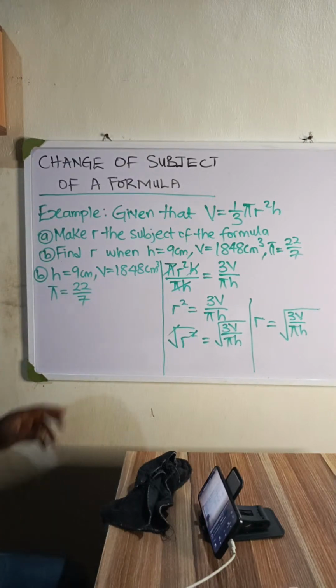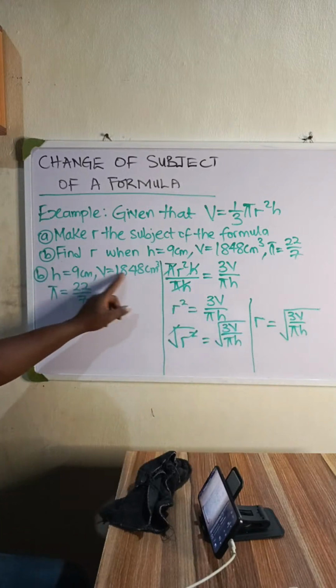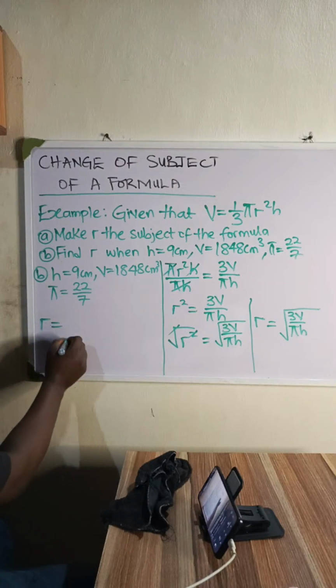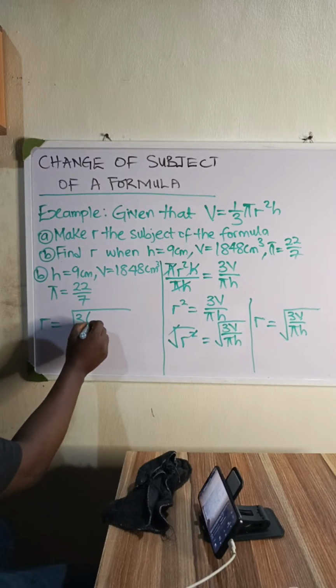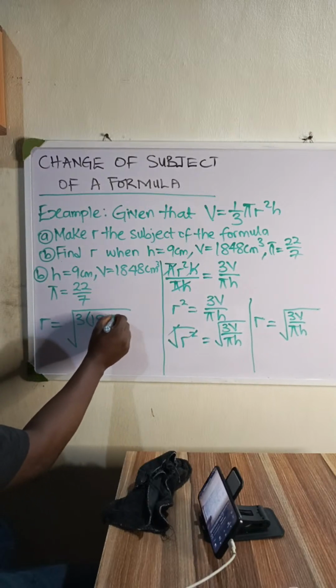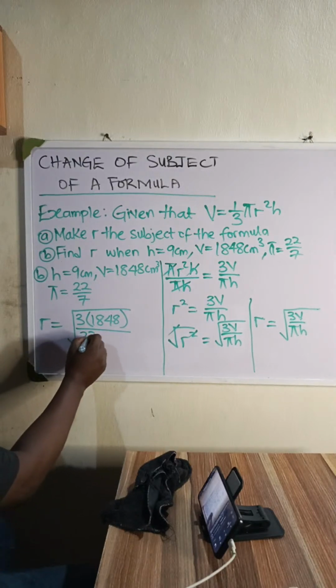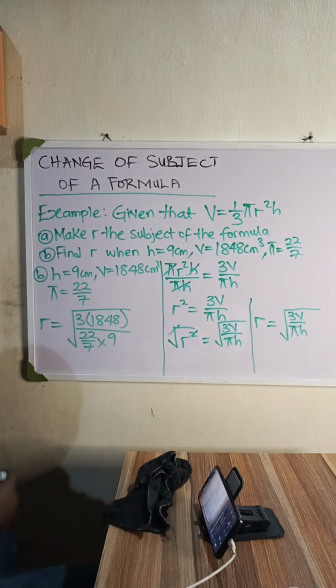This means I'm going to replace all these values with their equivalent. So we're going to have R is equal to square root of 3 multiplied by 1,848 divided by 22 over 7 times 9.